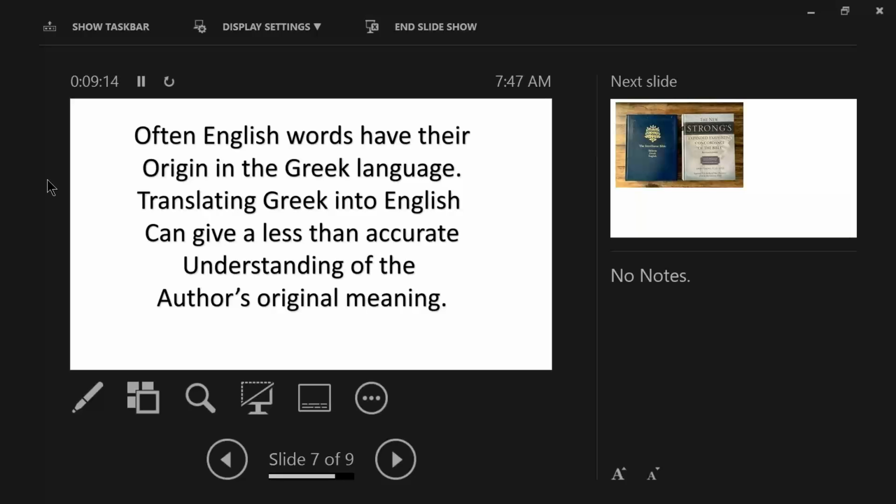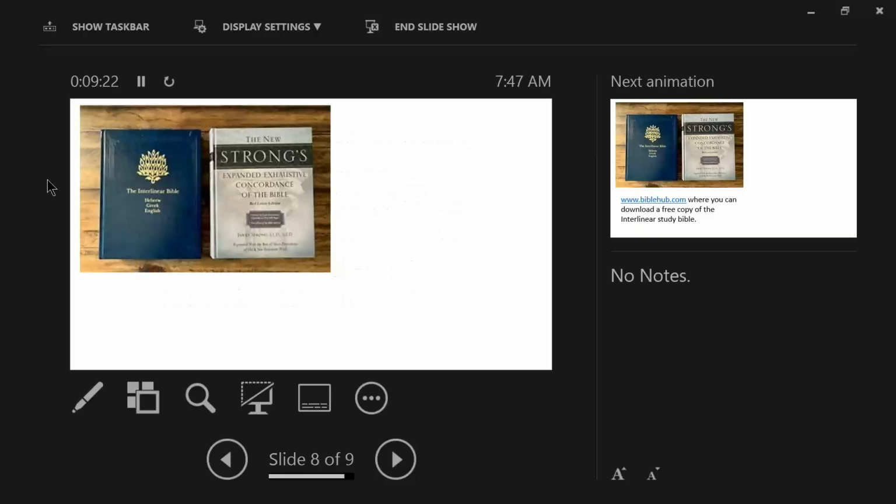Now, there is a source, before you get kind of all shook up here. You do not need to go to school or go get a correspondence course to study Greek. There is a source that is available here that I will show you. It's called Strong's Expanded Exhaustive Concordance of the Bible. It's an interlinear Bible.